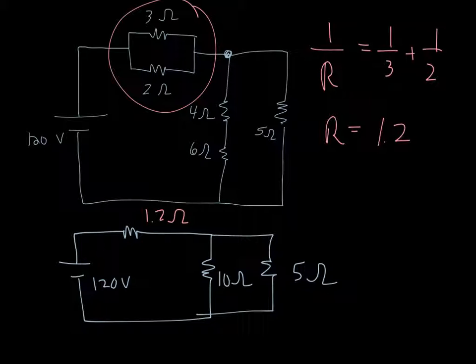How do you know that 1.2 is a reasonable answer? It's less than each of the resistors. Remember, in parallel, the resulting resistor is always less than the one you started with. But in series, the resulting resistor is more than what you started with because you're summing those. So we've got 1.2 there.